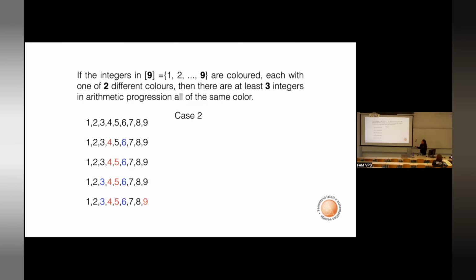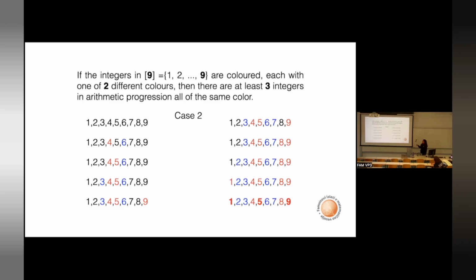And we can continue like that, right? Here, this has to be red, otherwise I have 3, 6, 9, and so on. Then here I color the 7 because otherwise I will have 4, 7, 9, and the 8 because I will have 6, 7, 8, and the 2 because I will have 2, 5, 8, and I don't want 1, 2, 3, so I color it red.